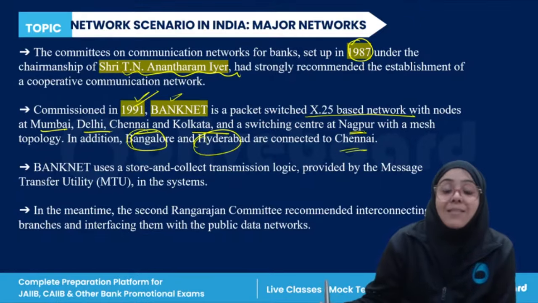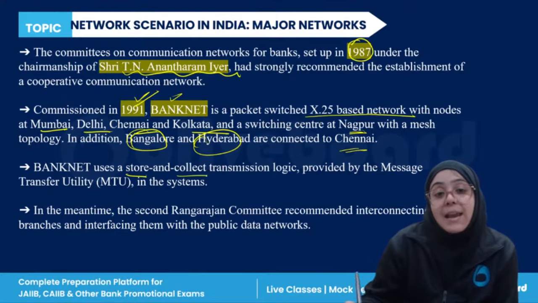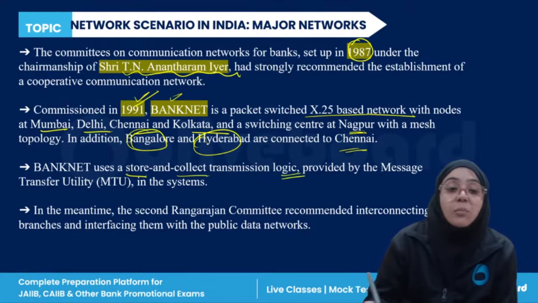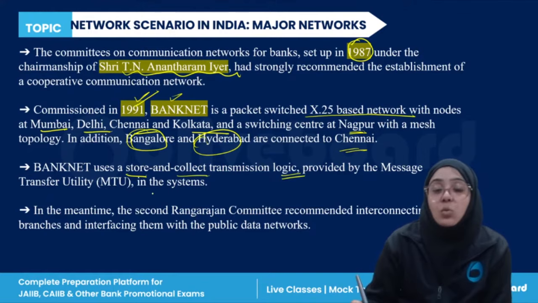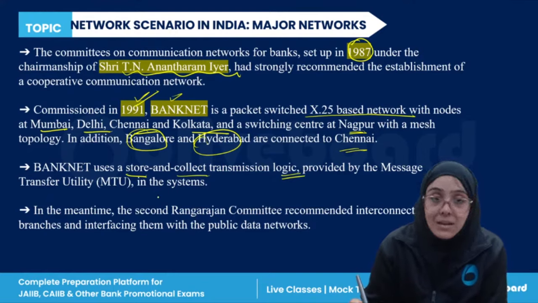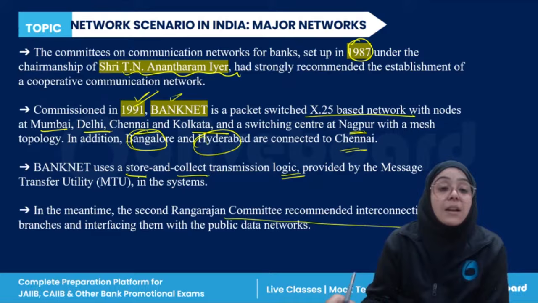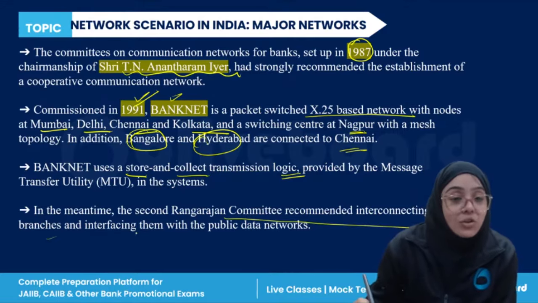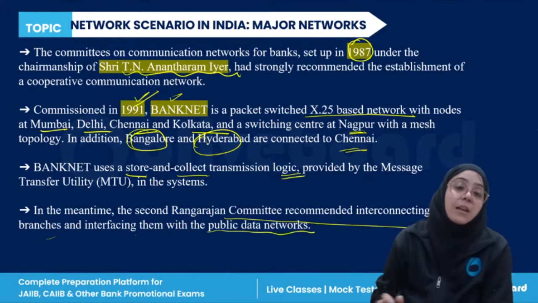Now, BankNet actually uses collect and transmission logic which is provided by the message transfer utility in the system. In the meantime, the second Rangarajan committee recommended the interconnectivity of the branches and interfacing them with the public data network.